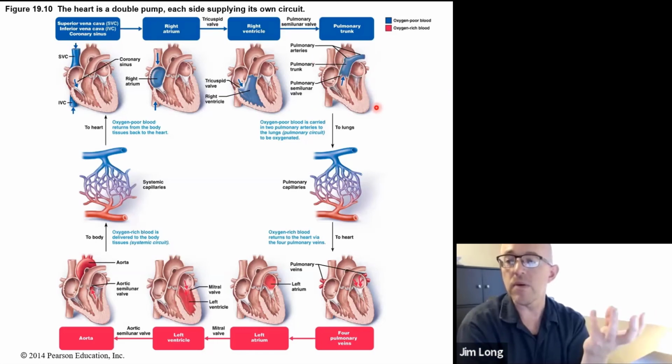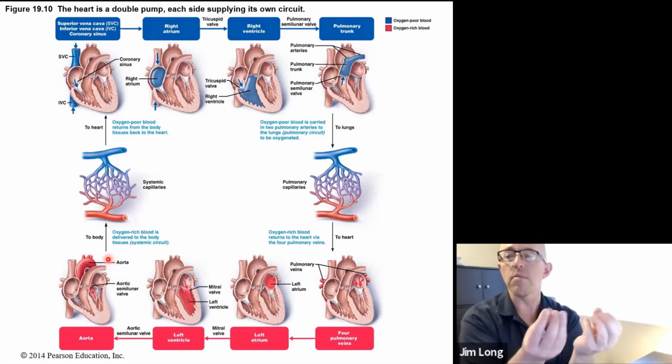Then maybe there will be a few heartbeats while the blood is off in the lungs, and then the oxygenated blood comes back from the lungs, and the heart's relaxed. It's ventricular diastole as blood enters the left ventricle and fills the left ventricle, and now another ventricular systole. The ventricle is going to contract and squeeze blood out into the aorta.